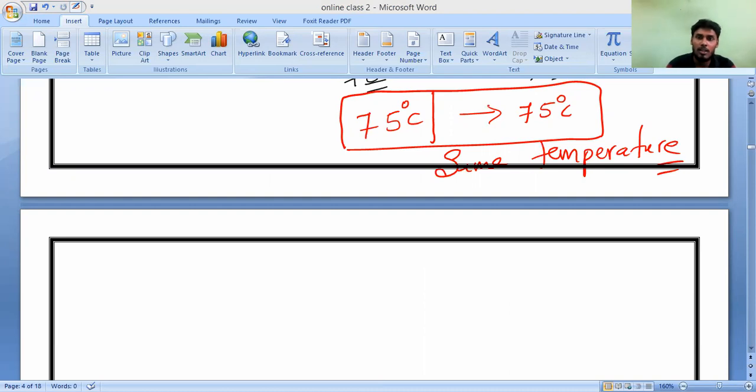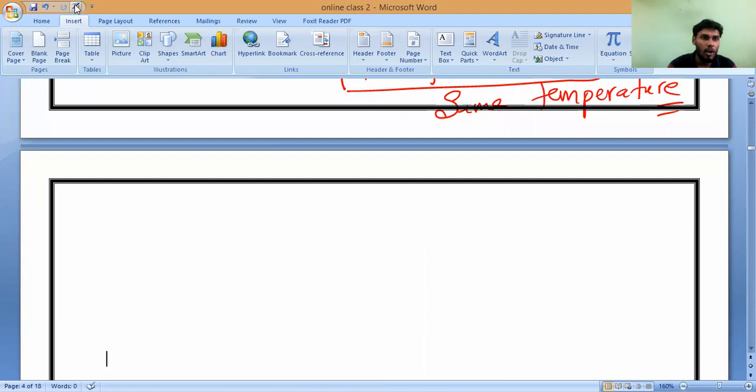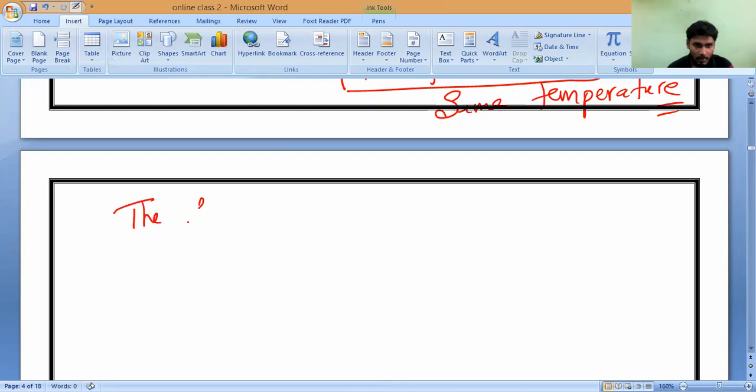Write it. The flow of heat, also we can call it as what? Transfer of heat. Both are correct. Remember, the flow of heat, also we can call it transfer of heat.